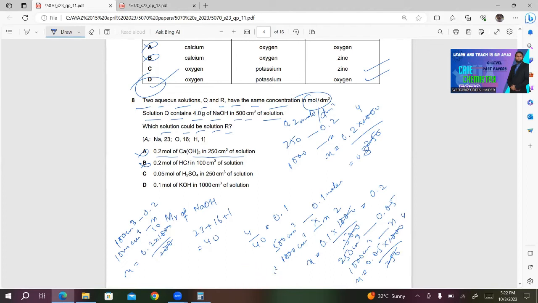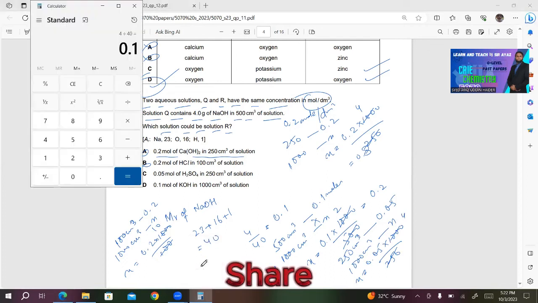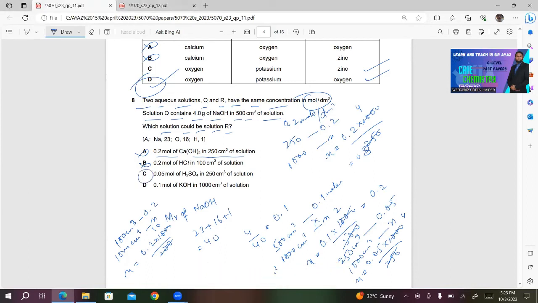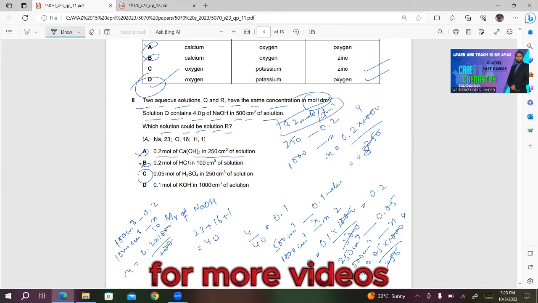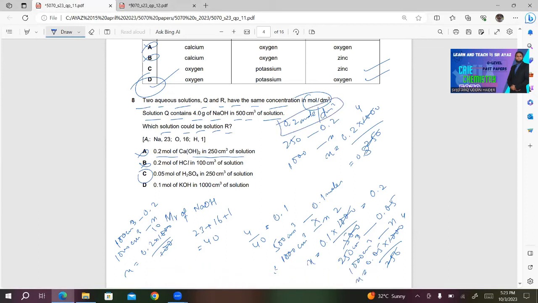If you multiply 4 by 0.05, I will get 0.2. So this seems the right answer. This is the right answer, as you have the same concentration like the one we have mentioned in the question.